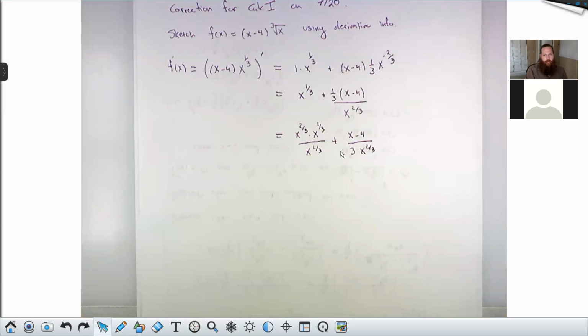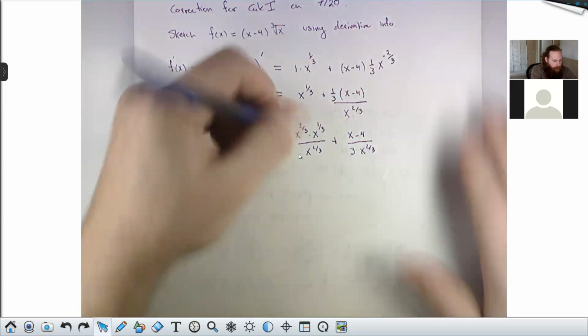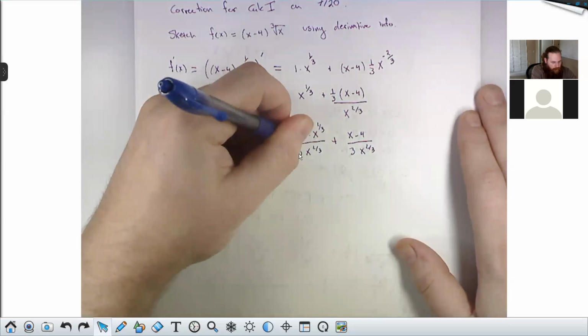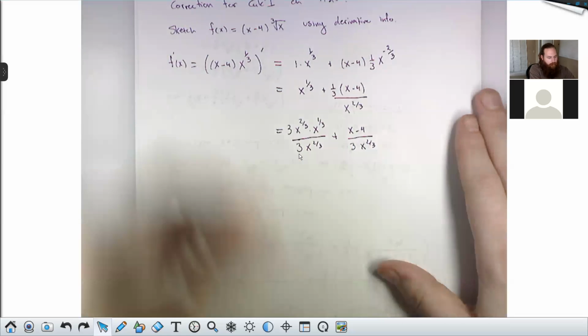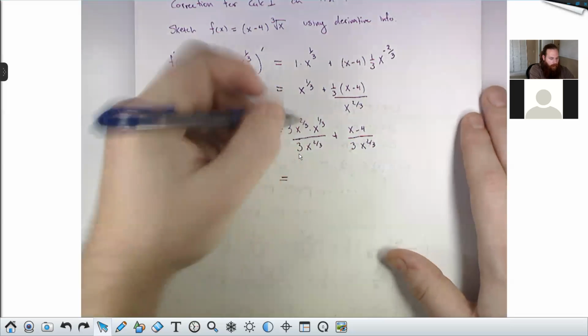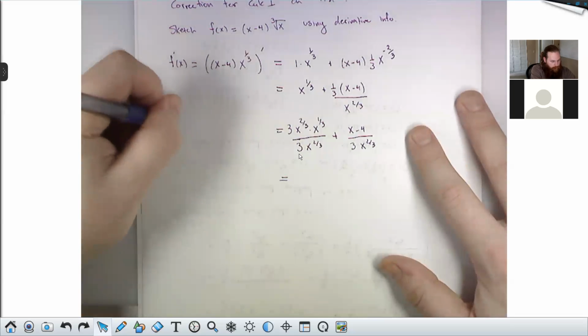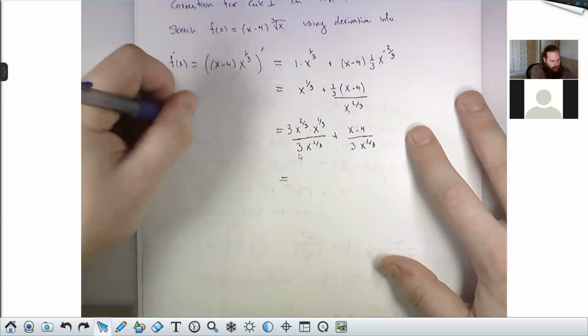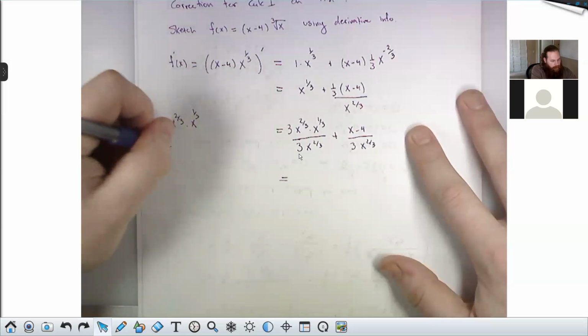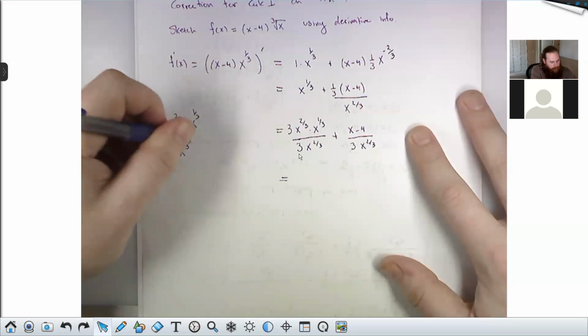The last thing I need in order to make the denominators the same is a 3 over here, because I've got a 3 here coming from this 1/3. So 1/3 upstairs is the same as a 3 downstairs, so I just move that 3 down here. So I'll multiply by 3 over 3 in the first piece. Now this, x to the 2/3 times x to the 1/3, is the same as x to the 2/3 plus 1/3.